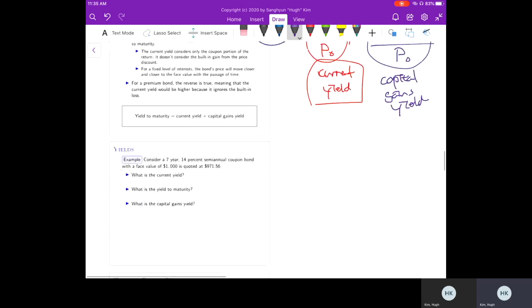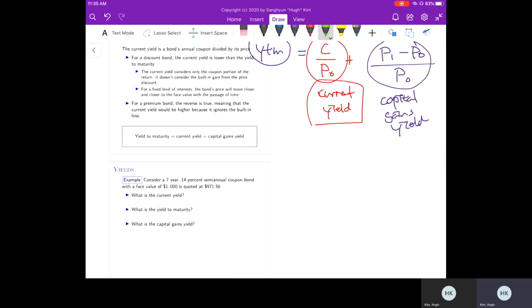So let's look at an example. So there are many yields. So the current yield is, again, the annual coupon divided by its price. So here, we're looking at a 7-year, 14% semi-annual coupon bond with a face value of $1,000. And this bond is quoted at $971.56. So this bond makes semi-annual coupon payments. So $70 every 6 months over 7 years.